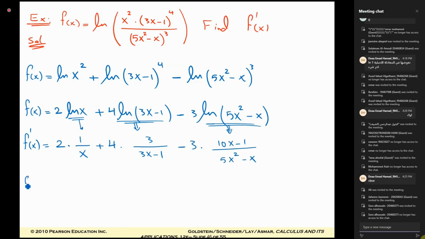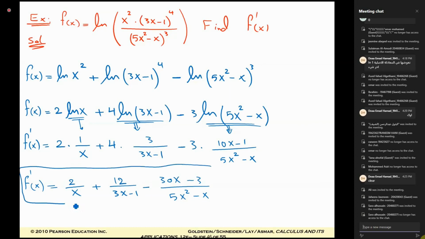Now, to simplify, it equals 2 over x plus 12 over 3x minus 1 minus 3 times (10x minus 1) over 5x squared minus x, like this. Okay, this is after simplifying.